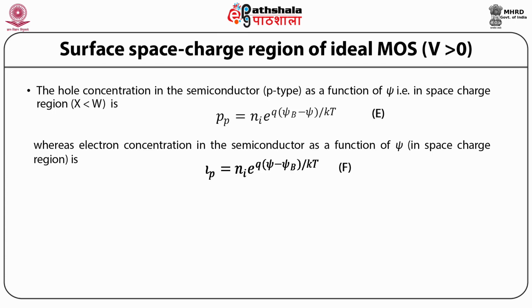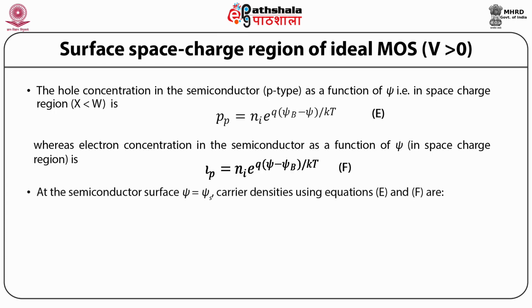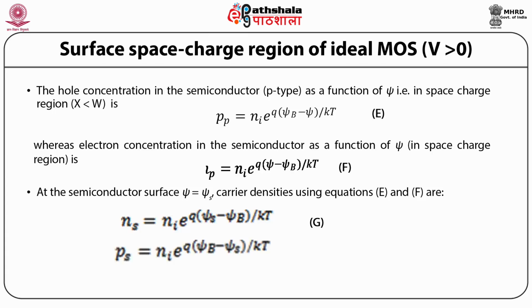Also at the surface, psi is equal to psi s, and the carrier densities using the above equations are Ns equal to Ni multiplied by exponential of q (psi sp minus psi Bp) by kT, and Ps equal to Ni exponential of q (psi Bp minus psi sp) by kT.